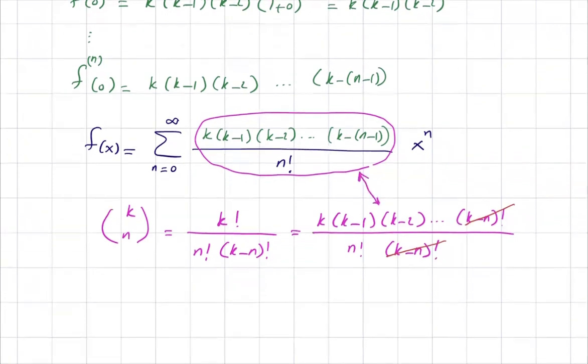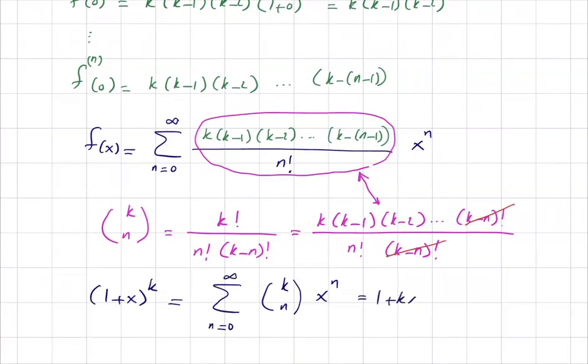So the Maclaurin series for the function 1 plus x to the power k is written as the summation of k choose n times x to the n, from 0 to infinity, or in a simplified version, 1 plus kx plus k times k minus 1 divided by 2 factorial times x squared, plus the rest of the terms.